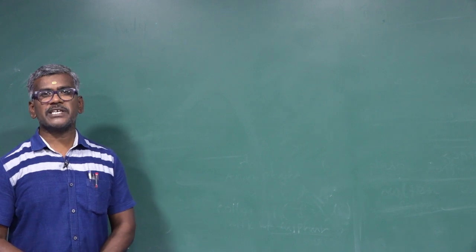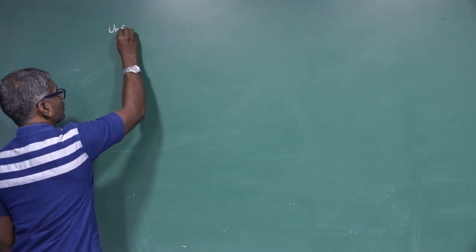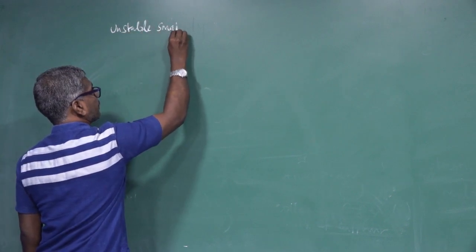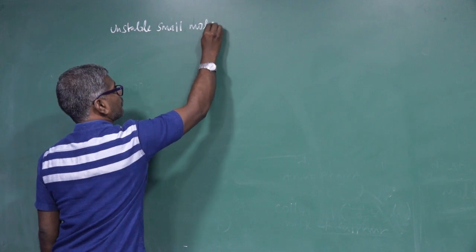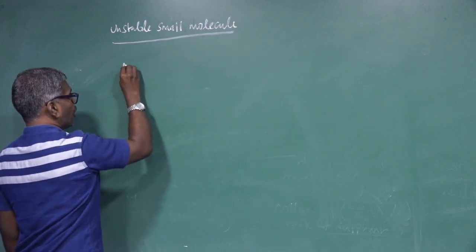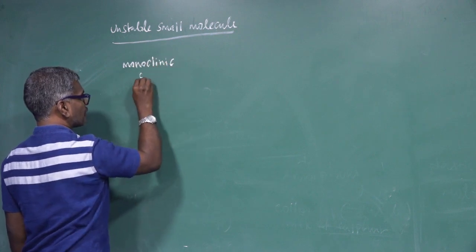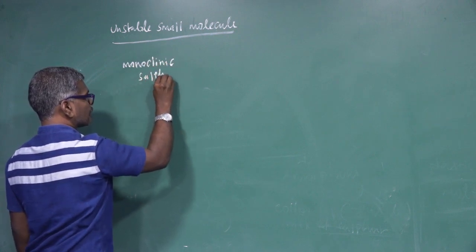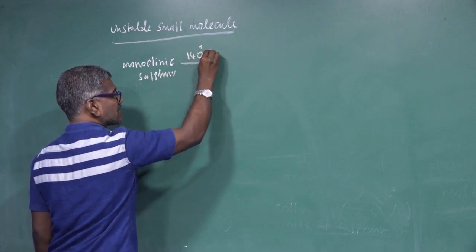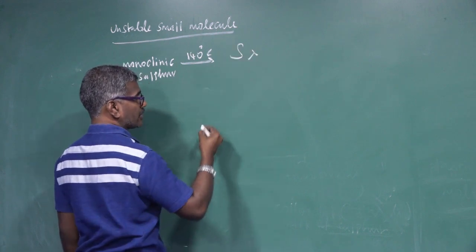Another one, formation of lambda sulfur. Monoclinic sulfur heated at 140 degrees Celsius forms lambda sulfur.